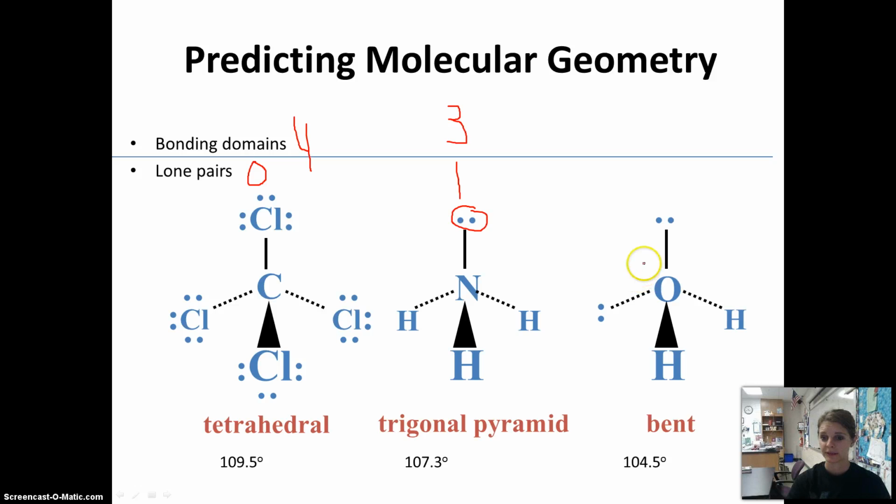Looking at our bent structure, it has 2 lone pairs on the north and the west side, and it has 2 H's, which are also domains, but they are bonded, so there are 2 bonding domains. So although they all have 4 things around it, the angles are different based on how many lone pairs you have.